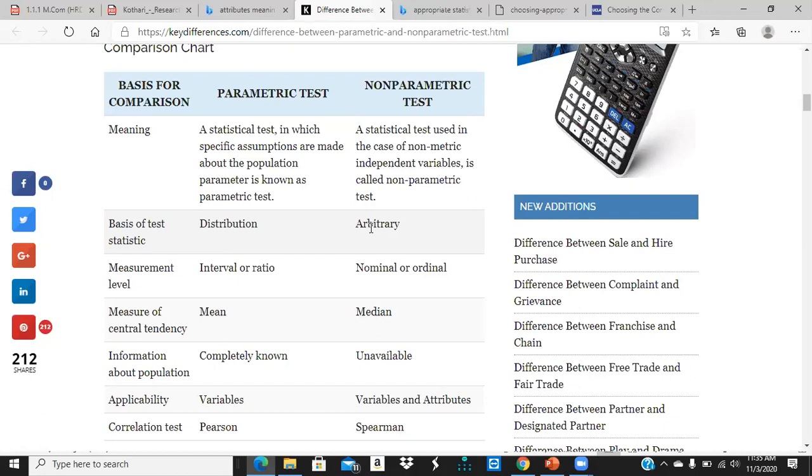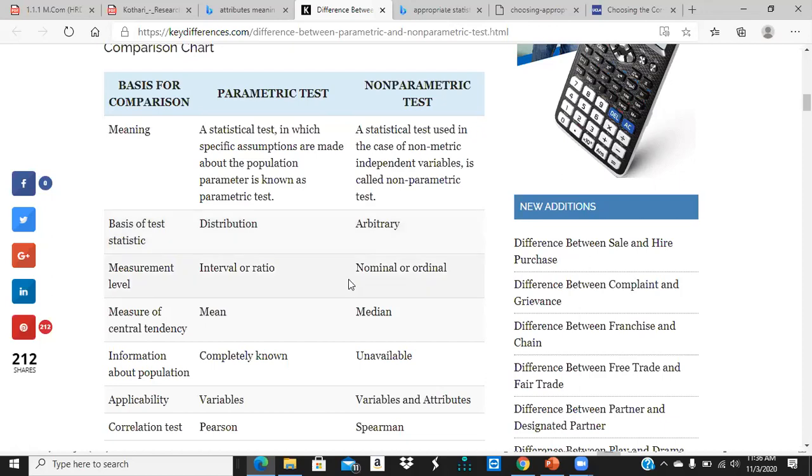Nominal data means we are differentiating the variables from one another, categorizing the variables. So gender, nationality, and designations, like that. These are some examples of arbitrary data. Arbitrary means you are just assigning a number for differentiating.